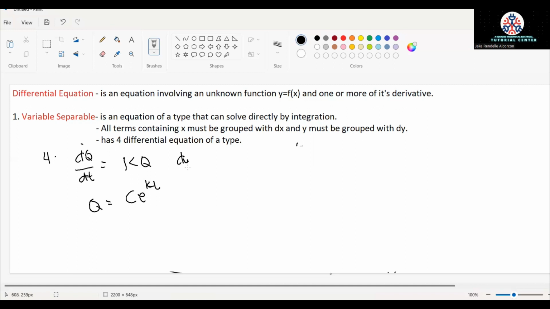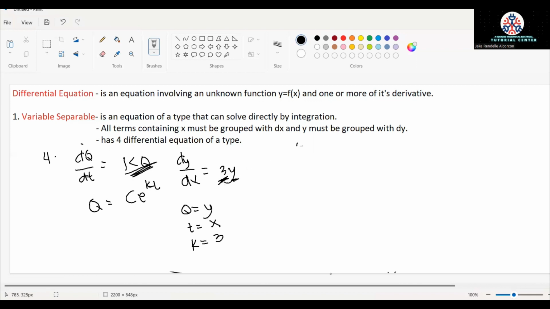For example, dy over dx equals 3y. This can be solved using type number 2, but let's first try to solve it using type number 4. q is equivalent to y, t is equivalent to x, and k is equivalent to 3 because that is the coefficient of y.